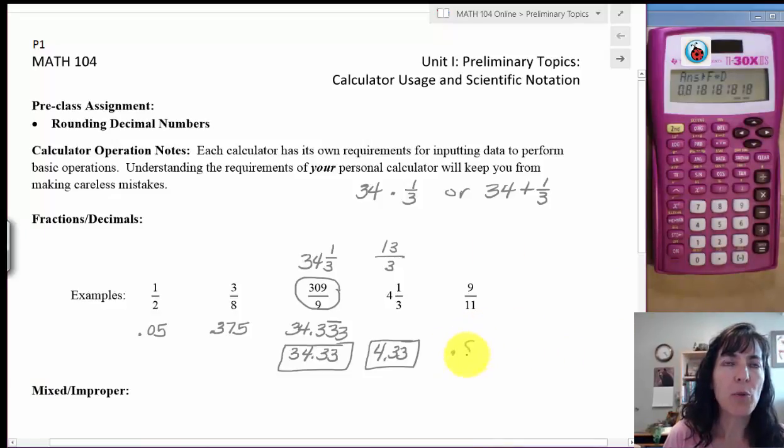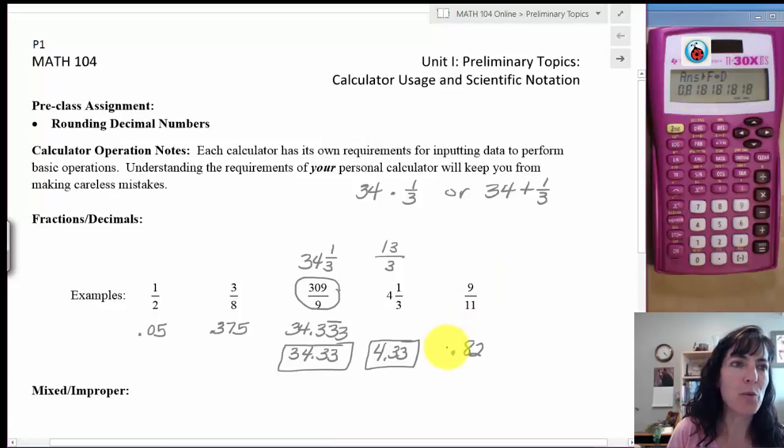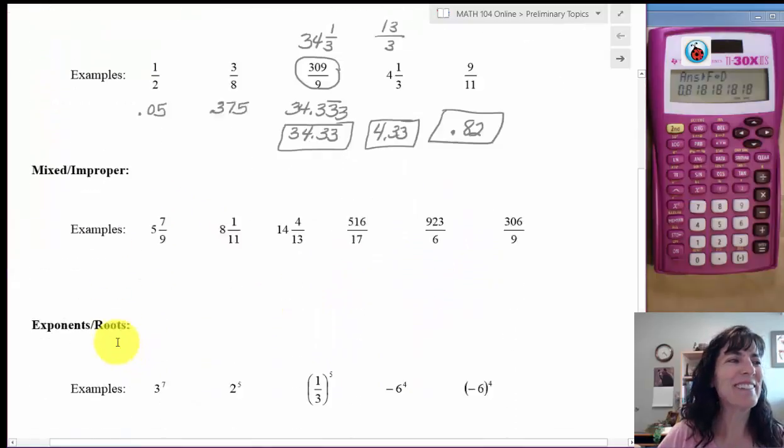And I have 0.82. Now this one has an 8 after the position where I would like to round. So I have to bump up that 1 by 1 and make it a 2. So 0.82 will be my result here. Now I don't mind if you leave off that leading 0 in front of the decimal, that's fine. Just be aware that it is a 0 out front.